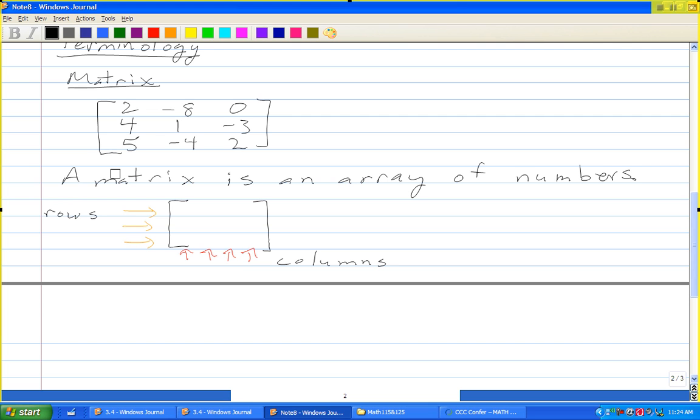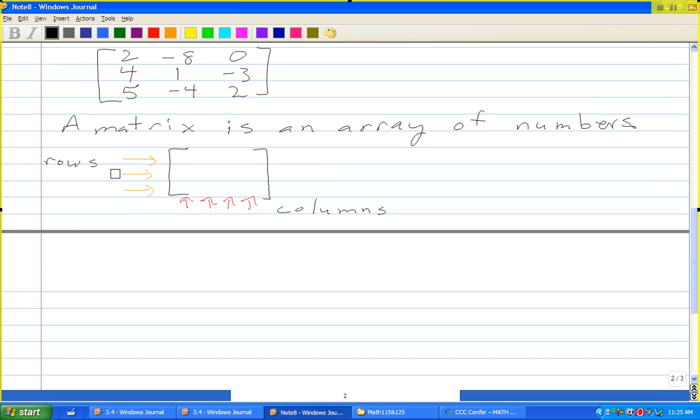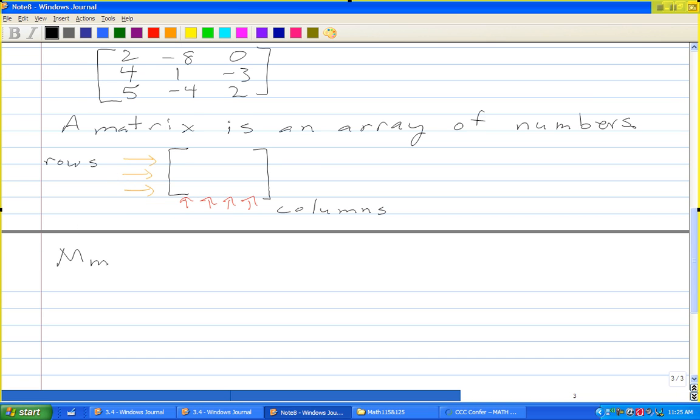And so, let's say I have m rows and n columns. And this notation, M sub m comma n, is the set of all matrices.